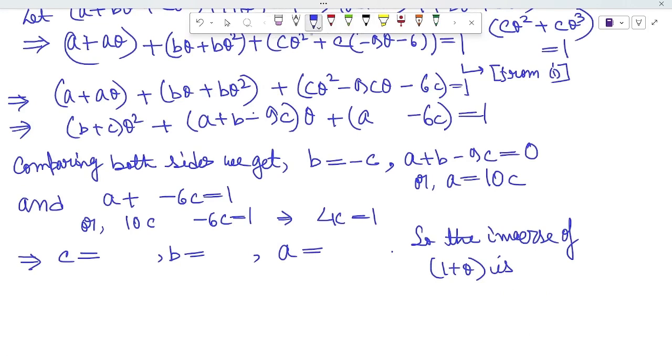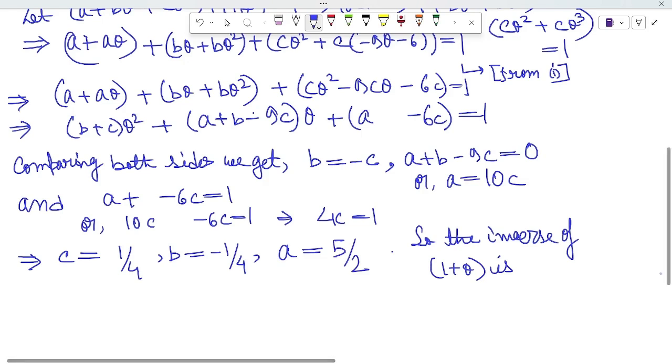This will be c equal to 1 by 4, b equal to minus 1 by 4, and a is 10 by 4, that means 5 by 2.